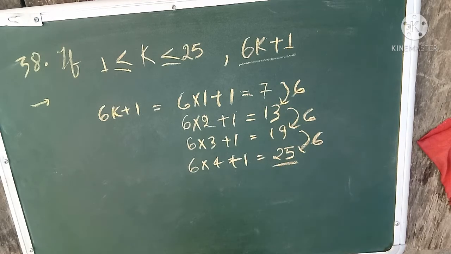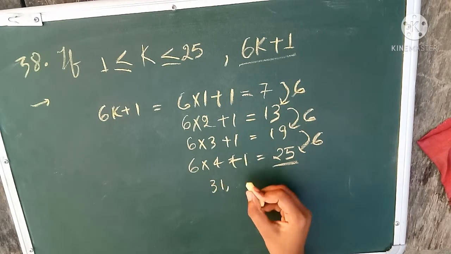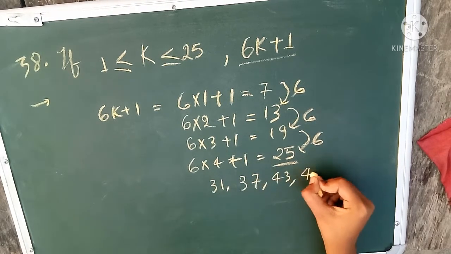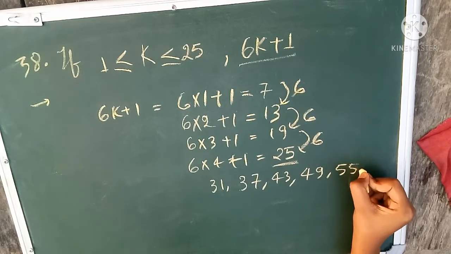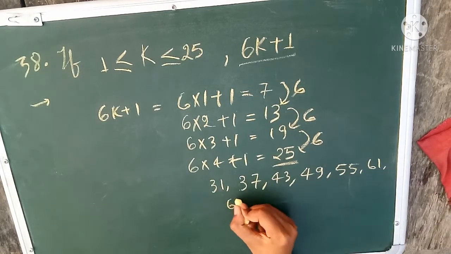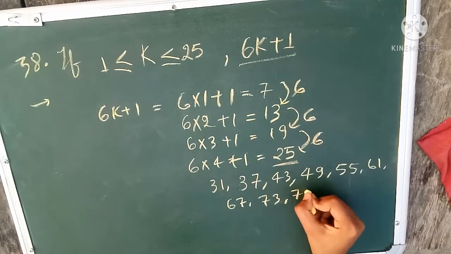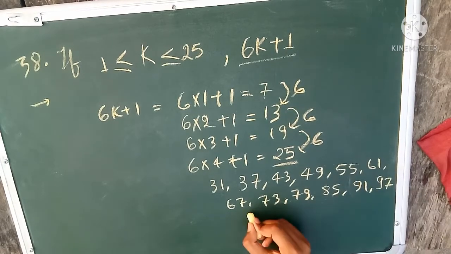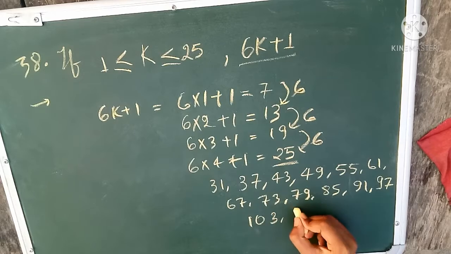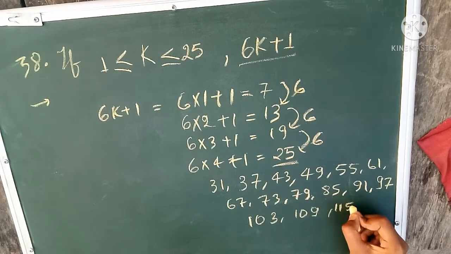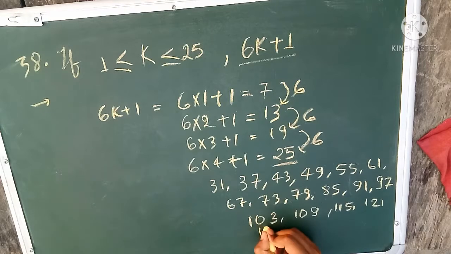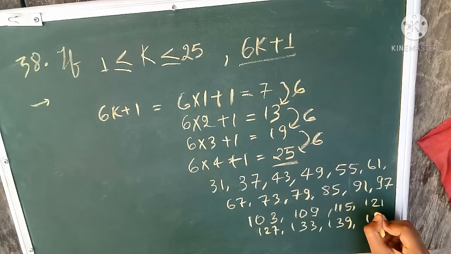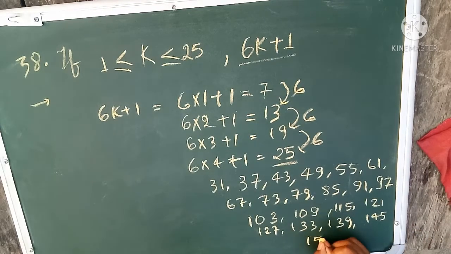If we add 6 to 25, we will get the next value 31, and the other values are 37, 43, 49, 55, 61, 67, 73, 79, 85, 91, 97, 103, 109, 115, 121, 127, 133, 139, 145, and lastly 151.